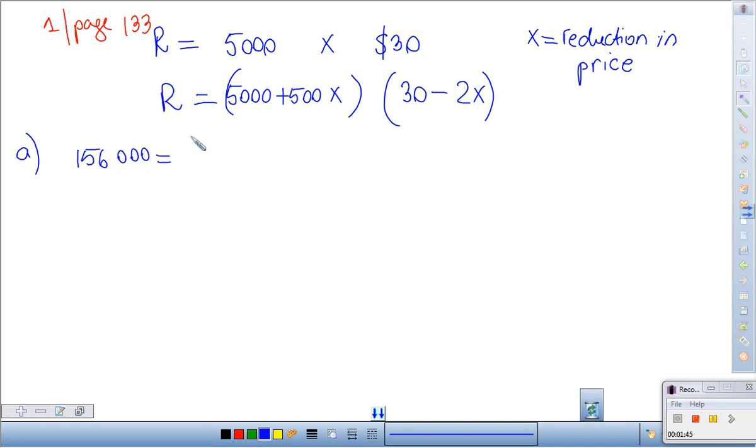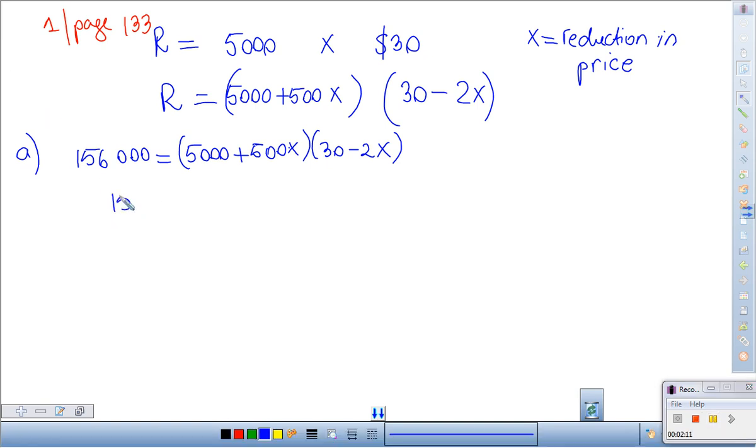And we know that the equation for the revenue is 5,000 plus 500X times 30 minus 2x. Well, we now have a quadratic equation that we first have to simplify and then solve.